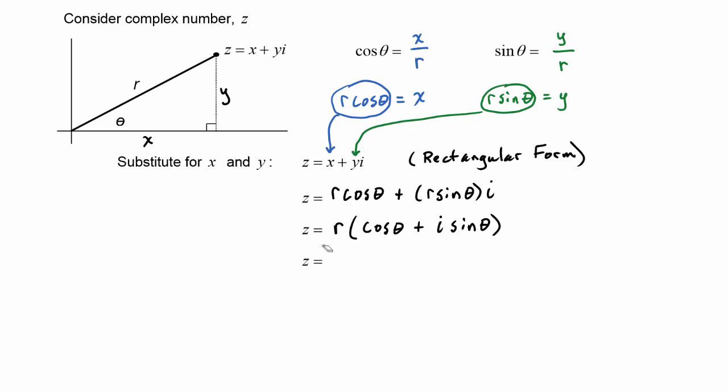Now we have a shorthand notation for this where we say z is equal to r cis theta. And the r comes right from this r. The c is from the cosine. The i is from this i. The s is from the sine. And the theta, obviously, is the theta that's in each of those trig functions. And this is called the trig form.